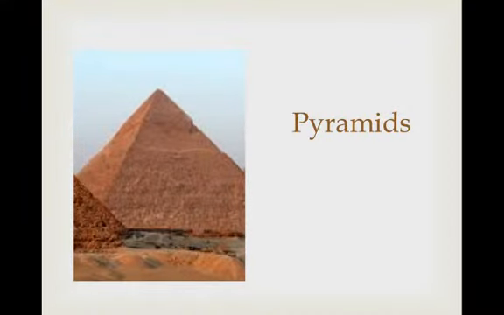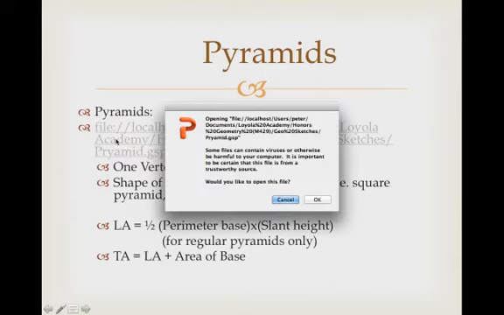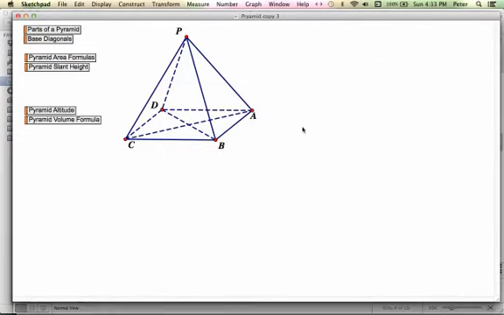That brings us to pyramids. Now this familiar shape has a lot of pieces that I'd like to make sure we're comfortable with before moving on to some of the formulas associated with pyramids. Let's take a look at just a diagram of a pyramid. You all recognize that up at the top is the vertex.